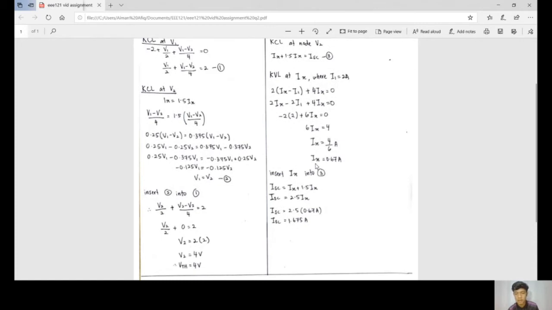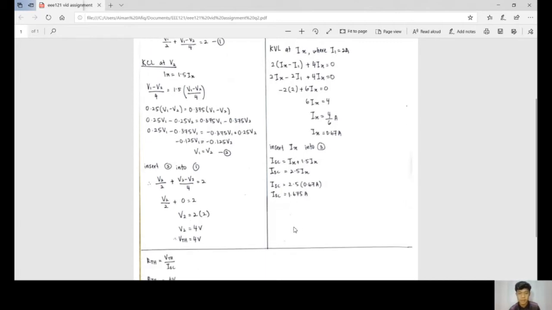We insert it into equation 3. From equation 3, I short circuit equals Ix plus 1.5 Ix, which is 2.5 Ix. We insert the value of Ix and we get I short circuit is 1.675 ampere.